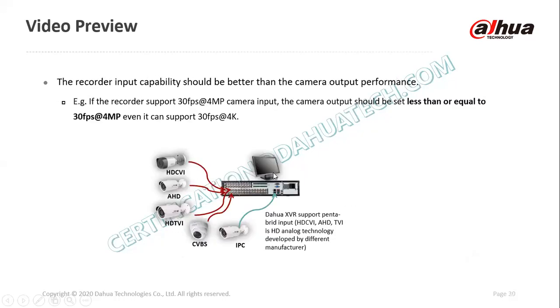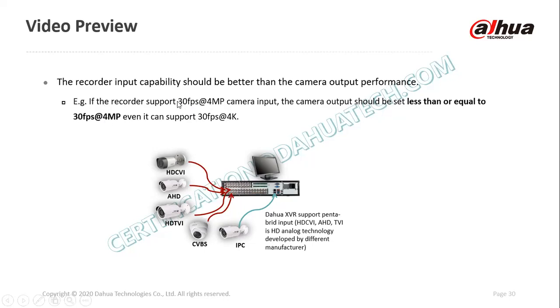So a video preview is basically getting the video to the display. The recorder input capability should be better than the camera output performance. For example, if the recorder supports 30 FPS at 4 MP camera input, the camera output should be set less than or equal to that.